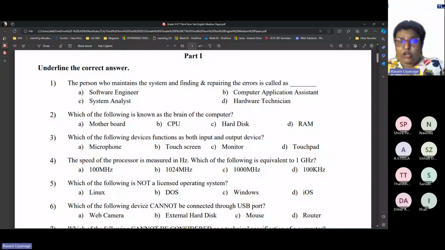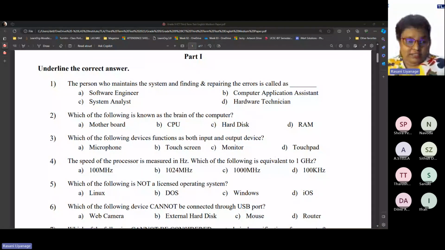Out of this, computer application assistant is a job role that you can directly remove. Now we have to go for elimination because the direct answer is not there.